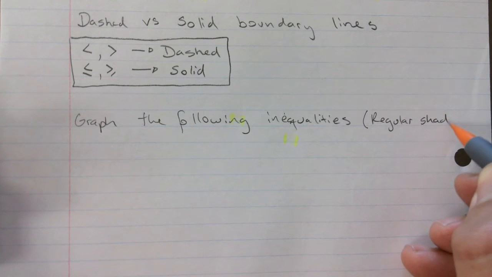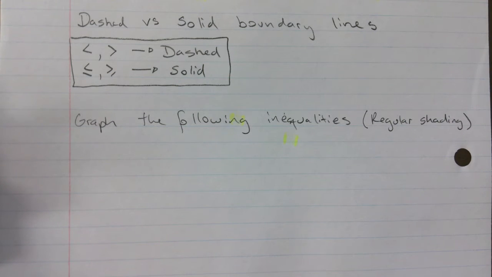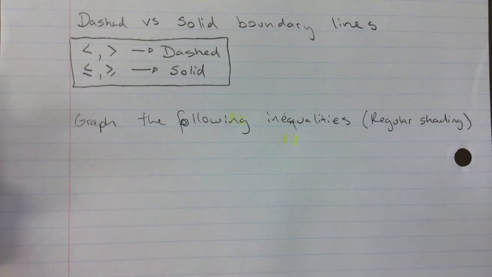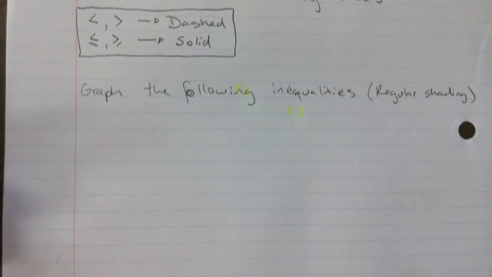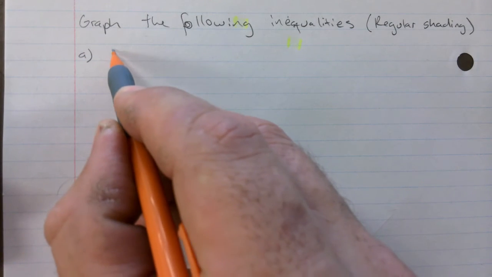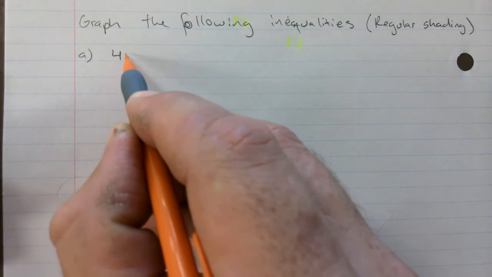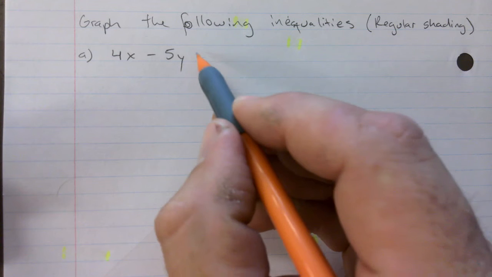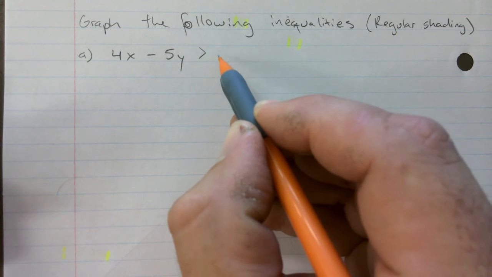Today, I actually will always tell you what kind of shading, but I will tell you how you know for sure in case I forget. Graph the following inequalities. So we're going to do that right now. So we have first, we have 4x minus 5y is greater than 10.